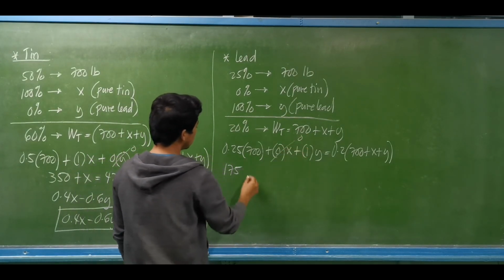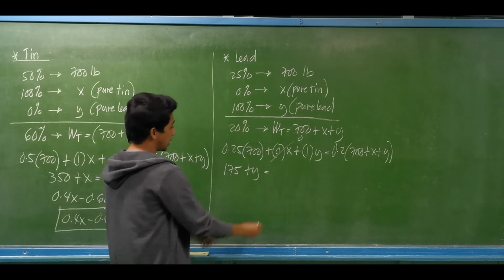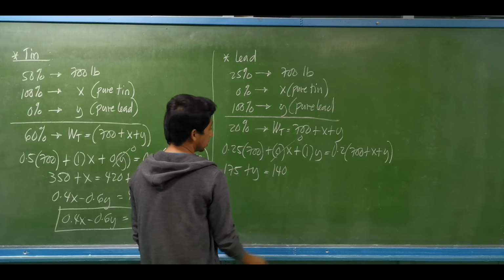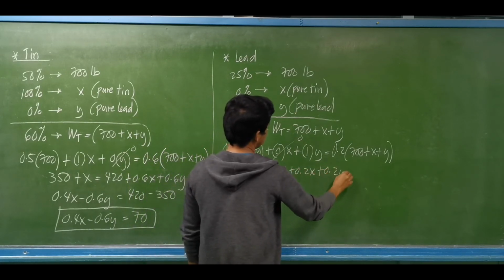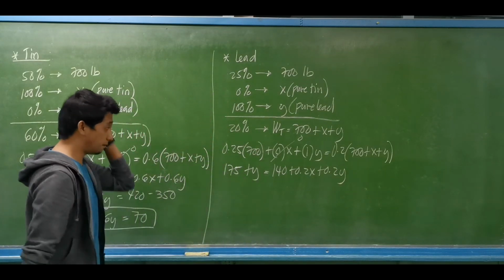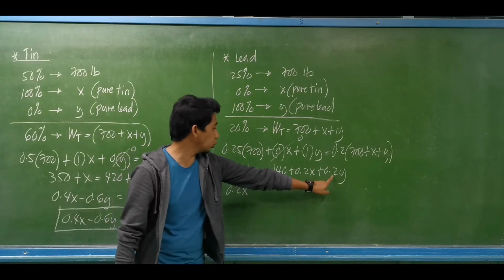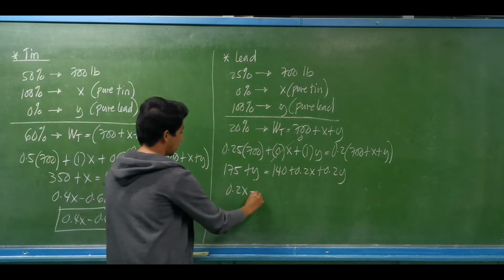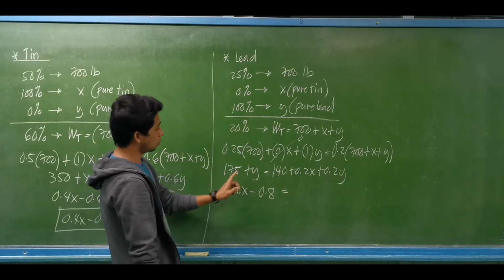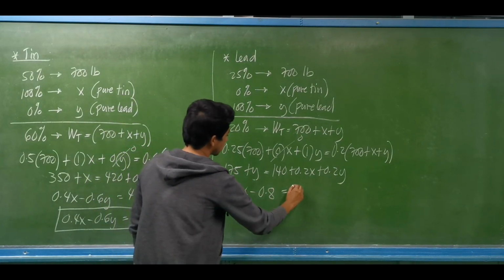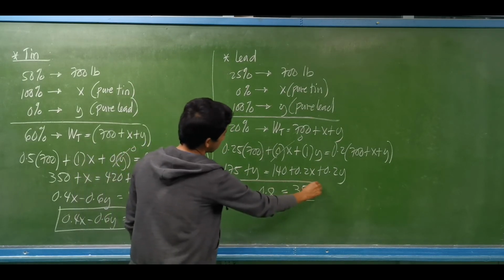This is now 0 plus Y is equal to 0.2 of 700 is 140 plus 0.2 of X plus 0.2 of Y. So we will be having an equation. This is 0.2 of X minus 0.8 of Y is equal to 175 minus 140, which is 35.